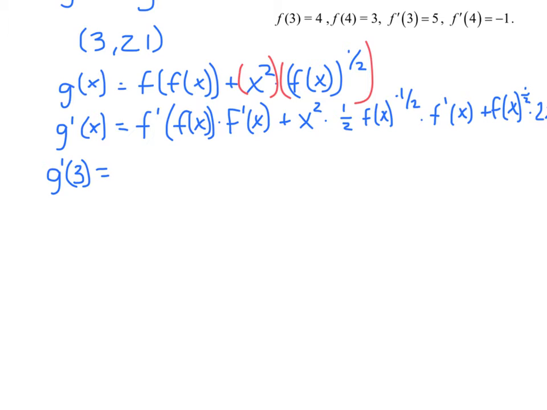Okay, so I snuck in the function evaluated for 4 and 3 up top here, so I can use those. Okay, so I'm going to go ahead and do f prime of f of 3.